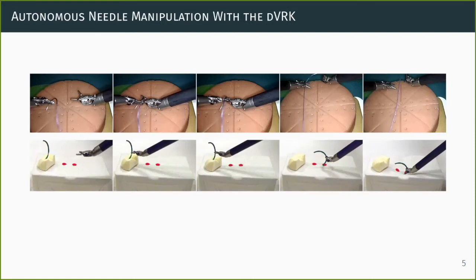So this is kind of an example from that. The top row is demonstration data from the dataset, and showcases some steps in the task. The autonomous execution is the bottom row.